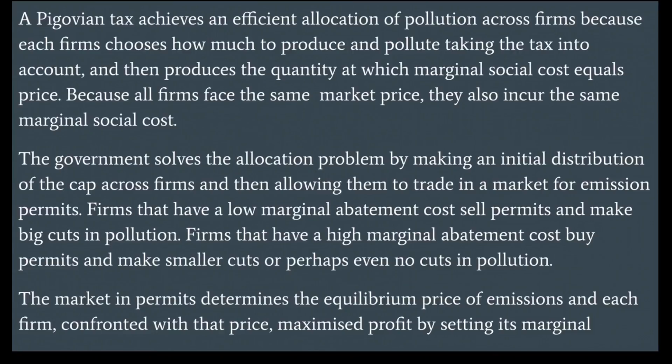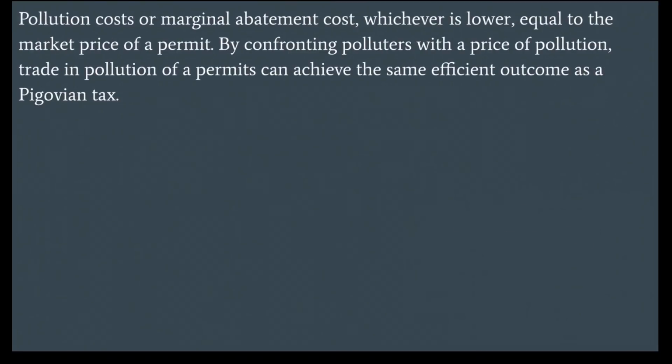The market in permits determines the equilibrium price of emissions, and each firm, confronted with that price, maximizes profit by setting its marginal pollution cost or marginal abatement cost, whichever is lower, equal to the market price of a permit. By confronting polluters with the price of pollution, trade in pollution permits can achieve the same efficient outcome as a Pigouvian tax.